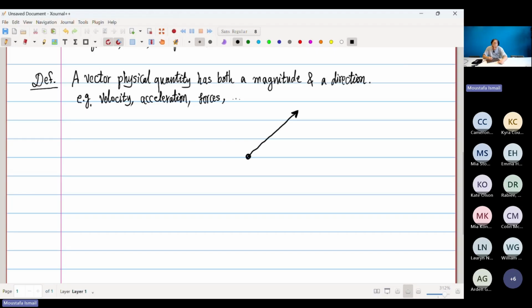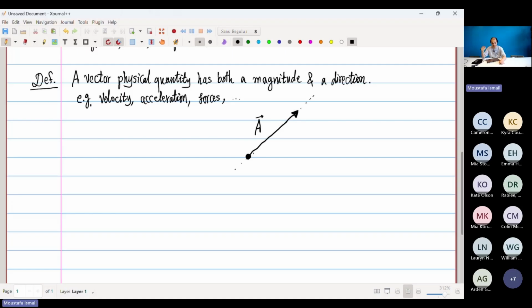It is anchored at some point and its tip points in the direction of the vector. So this is vector, let's call it vector A. And we indicate the vector to differentiate it from a scalar. We put a small arrow on top. So this is vector A. And it points in this direction.